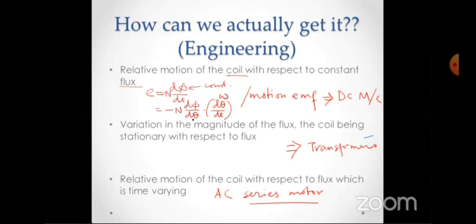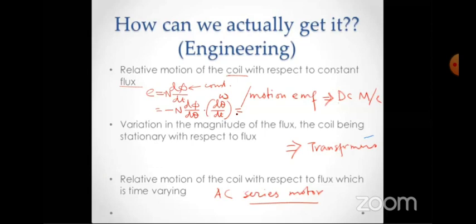So we should have some variation of flux with respect to theta. Then only will we have the induced voltage. I will explain that. But this is the way by which we can get the induced voltage.